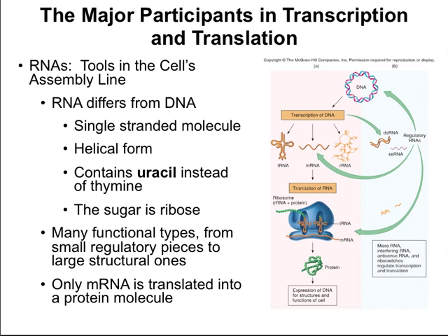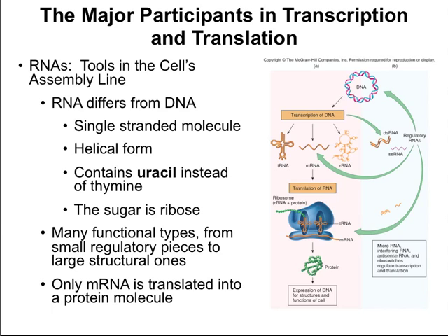The sugar in RNA is ribose, hence the name ribonucleic acids as opposed to deoxyribonucleic acids. There are many functional types of RNAs. Some of them are small regulatory pieces, and other ones are large structural RNAs. The only type of RNA that's translated into a protein molecule is the messenger RNA.